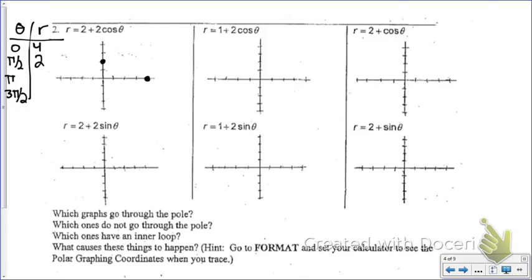Negative 1 times 2 is negative 2, plus 2 is 0. No matter what angle you're at, if your radius is 0, that's going through the pole. And at 3 pi over 2, the cosine of 3 pi over 2 is 0, 0 plus 2 is also 2. So there are a few points to guide us in this graph, but let's see what the actual shape looks like in our calculator, because it is going to look a little bit different.